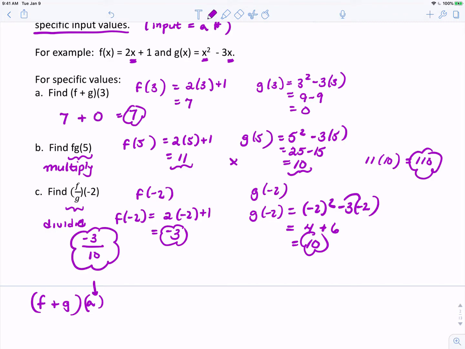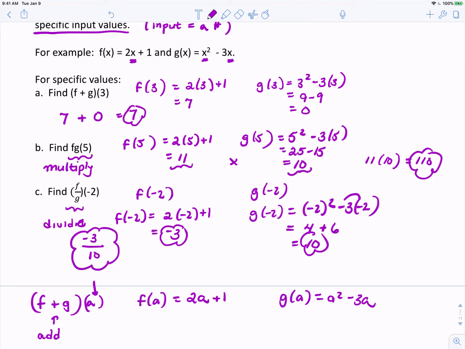That means we're going to plug a into f, we're going to plug a into g, and then we're going to add our answers together. So let's take a look at what that would be. f of a is simply 2 times a plus 1. g of a is a squared minus 3a.